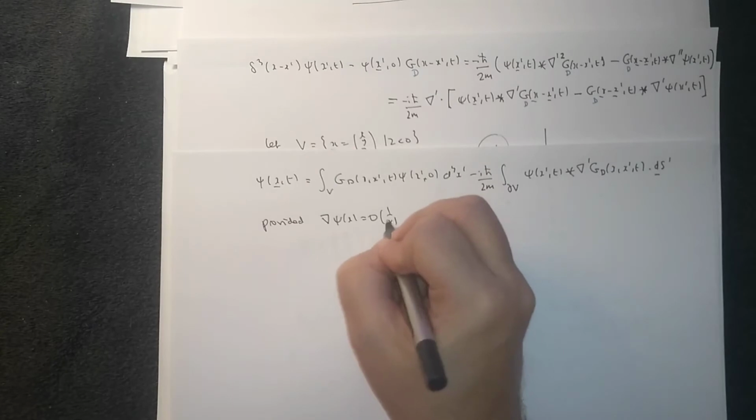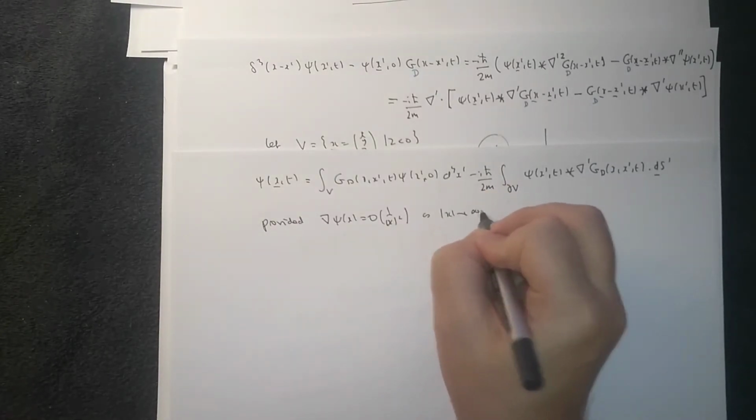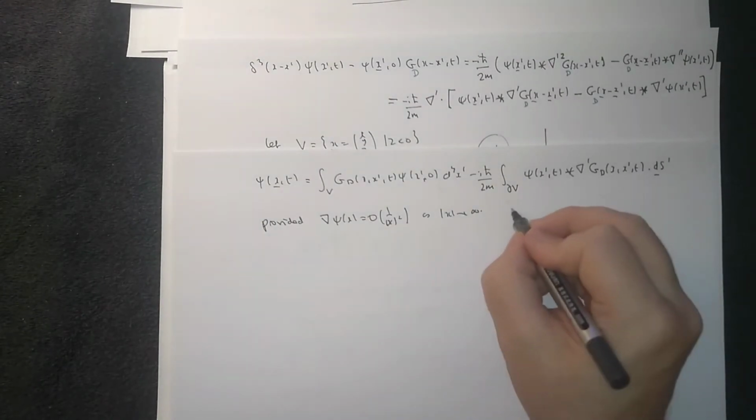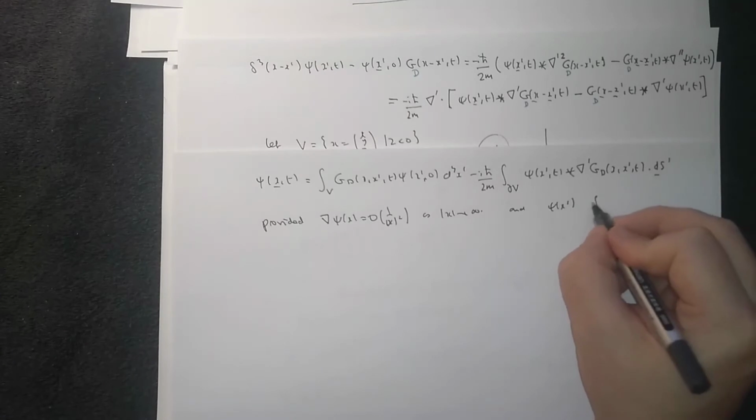That's order 1 over mod x squared as mod x goes to infinity. And we also need psi of x falls off fast enough.